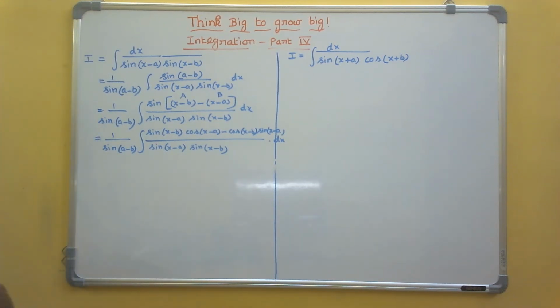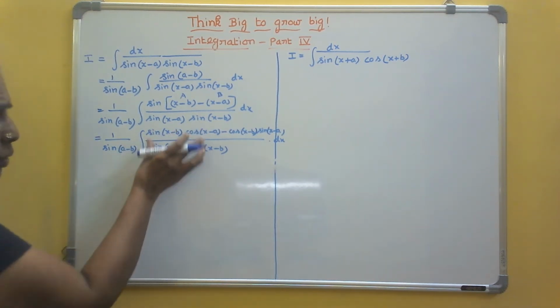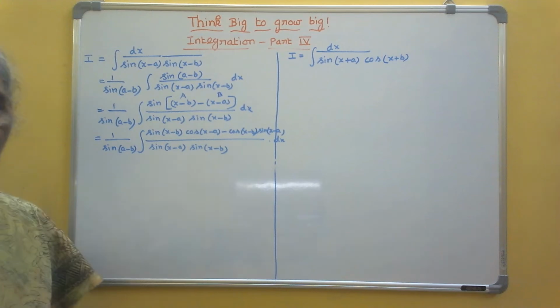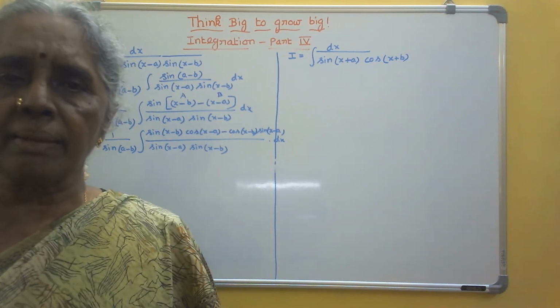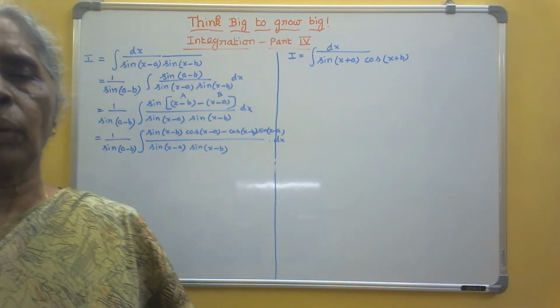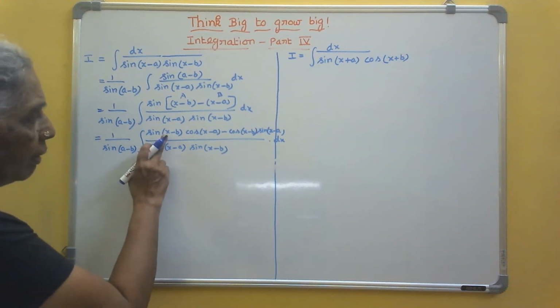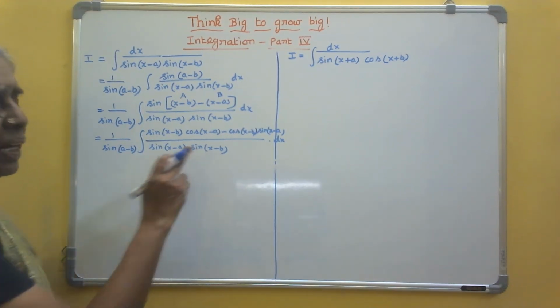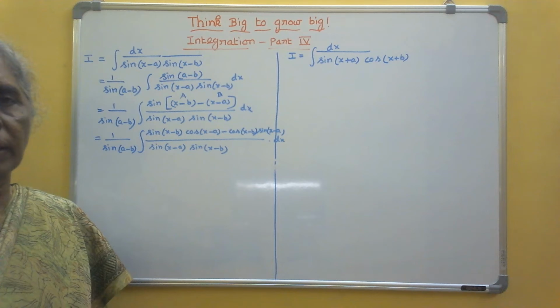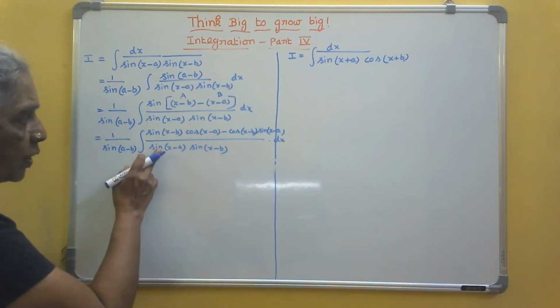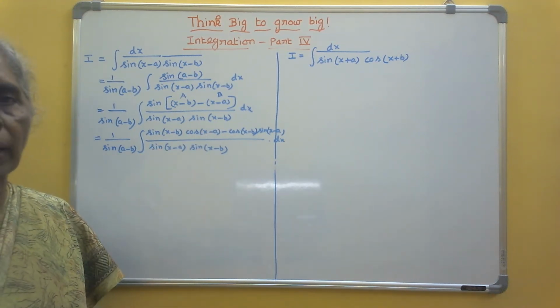Now actually this is one part and this is the second part. Either you can write them as two separate integrals or write within one integral. Now see here, this sine of x minus b and this sine of x minus b will get cut. We will get cos of x minus a by sine of x minus a.